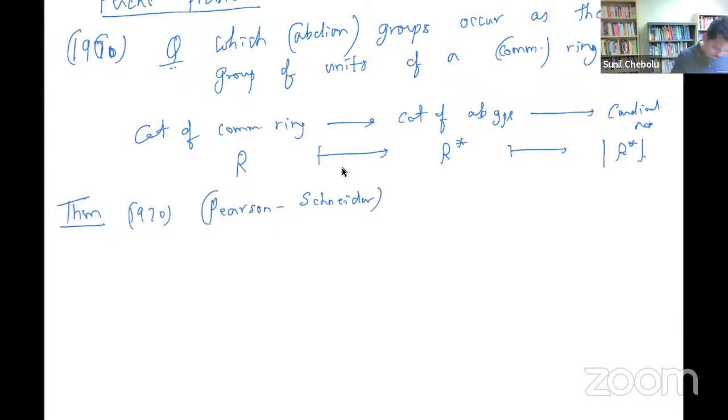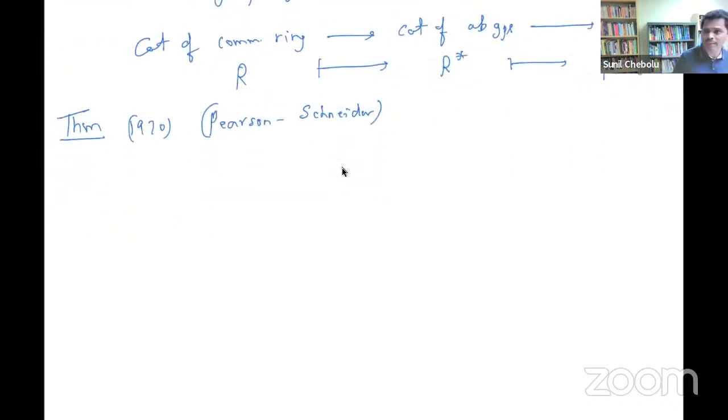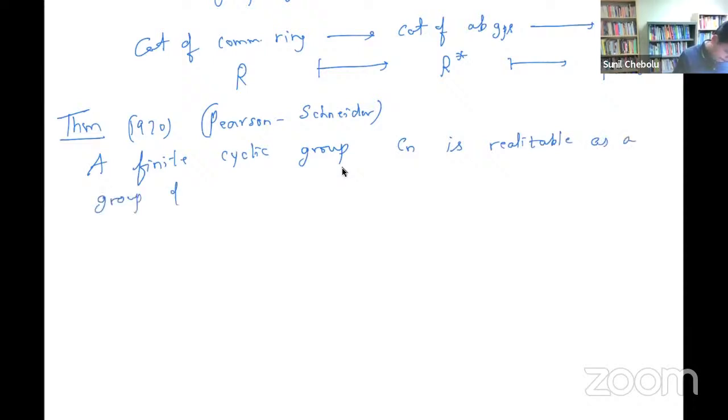So the theorem they proved is the following: a finite cyclic group Cn is realizable as a group of units of a ring. It's actually a beautiful result, actually.